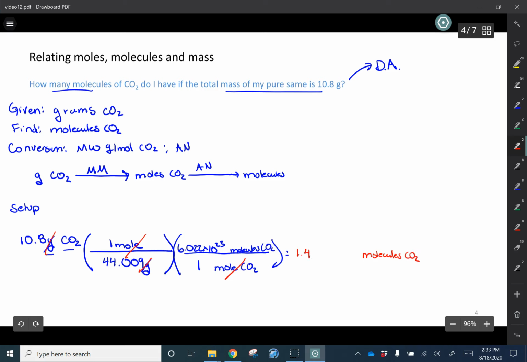And if we put this into our calculator, we should have 1.48 times 10 to the 23 molecules of CO2. 3 sig figs here, 3 sig figs here. This should be a large number because we're in molecules instead of grams. Fantastic.